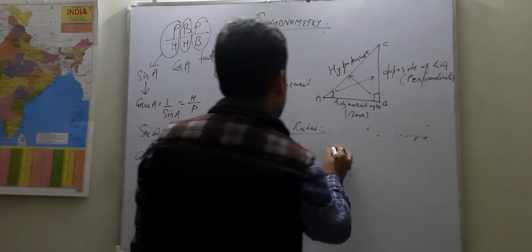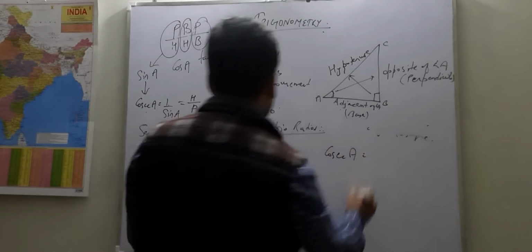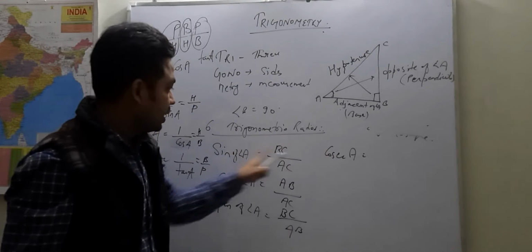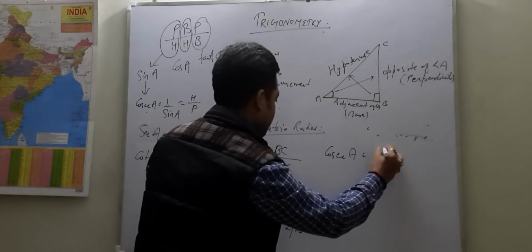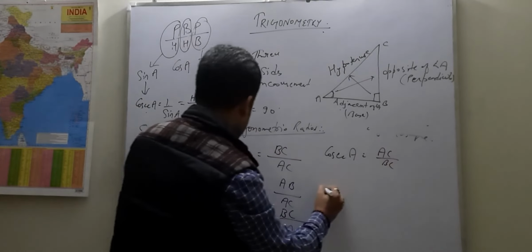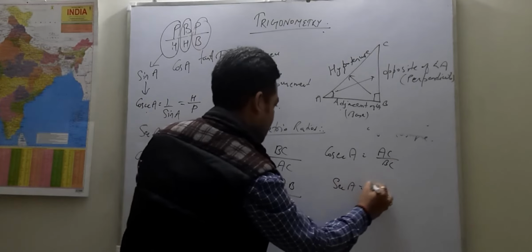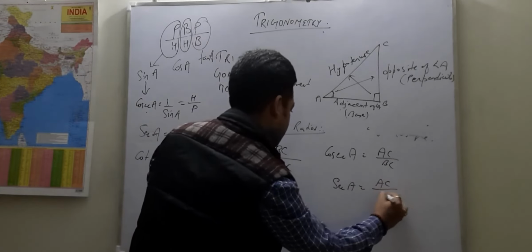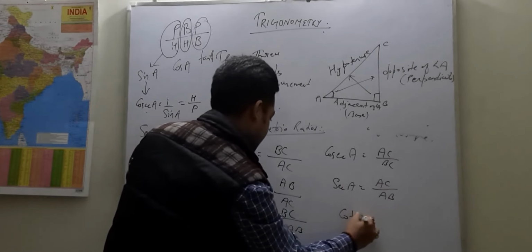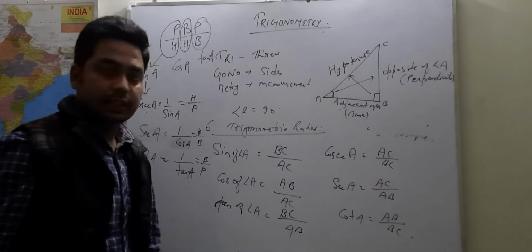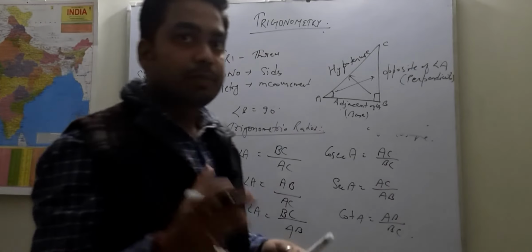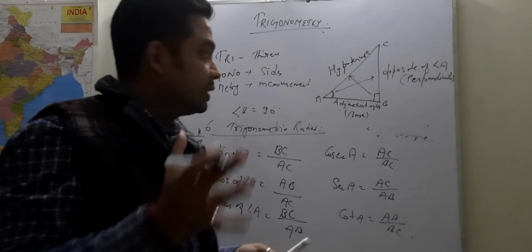The reciprocal of sine A is cosec A, so we just interchange these, and it becomes AC upon BC. Sec A will be AC upon AB, and cot A will be AB upon BC. So these are the 6 trigonometric ratios.